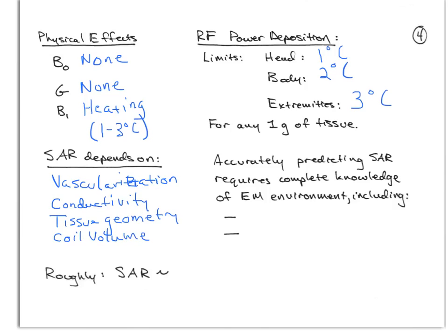And it depends on the pulse sequence you're playing out, just how big of RF pulses are you playing out, meaning how much power are you putting in. And accurately predicting SAR really requires complete knowledge of the electromagnetic environment in which you're creating the pulses. So that includes having to know what the coil configuration is.